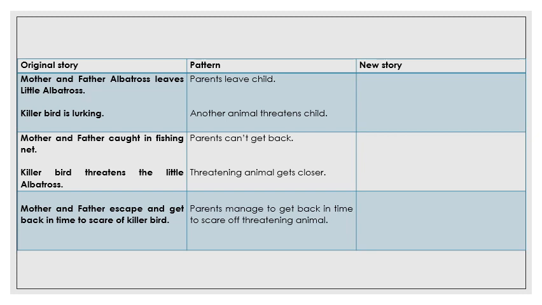Then the parents manage to get back or escape to scare off the threatening animal. You can use some other animal besides an albatross, maybe a zebra or a dog or a frog, whatever works for you, but you're making a story designed after the style of Michael Morpurgo's The Little Albatross.